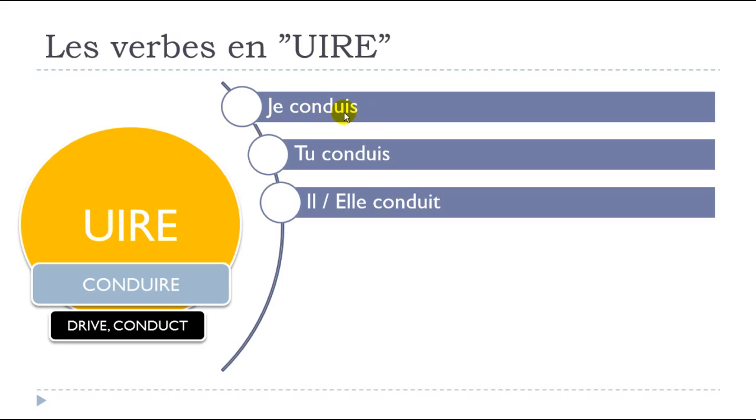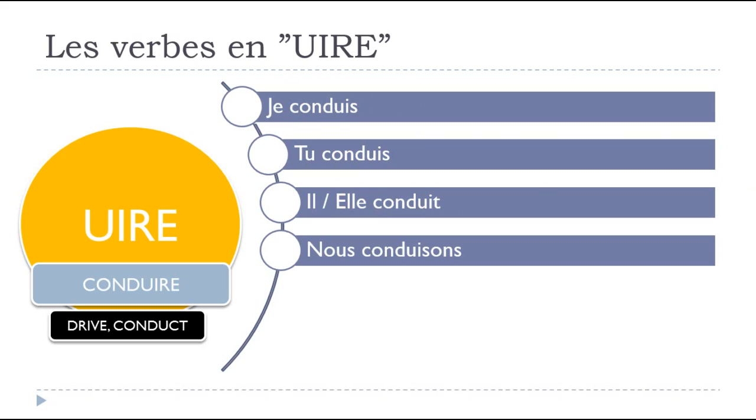Not all the verbs, but most of them, so that's the reason why you get this form, je conduis, tu conduis, and then il, elle conduit. Keep in mind that you pronounce them the same way. So let's see how it will go for nous.